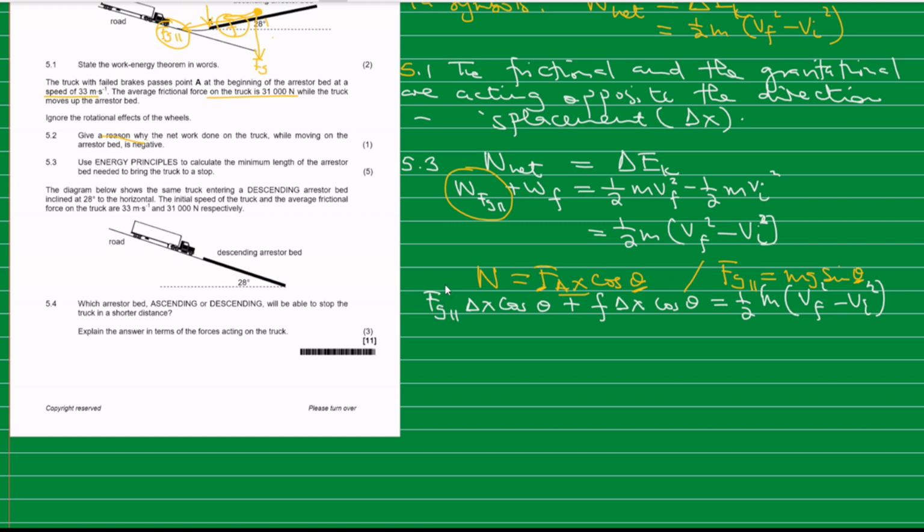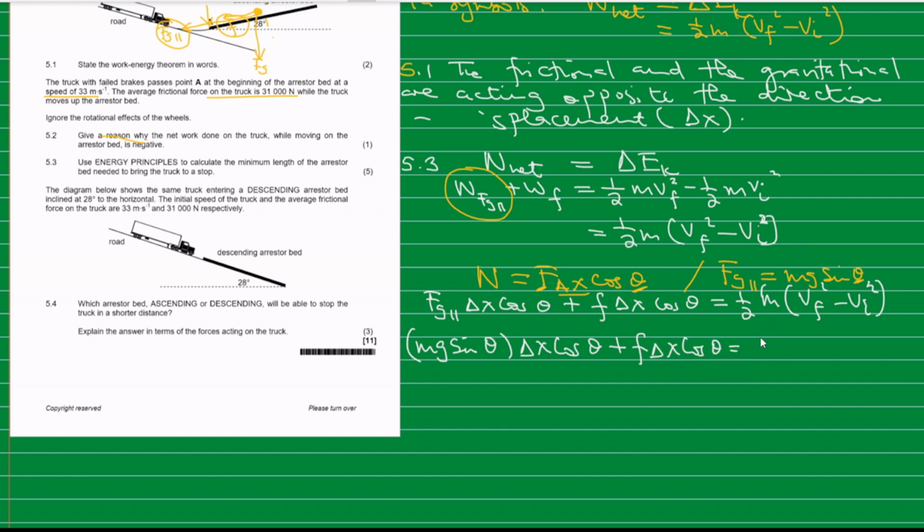So we write Fg parallel as mg sine theta, times displacement, delta x cos theta, plus our frictional force F delta x cos theta.